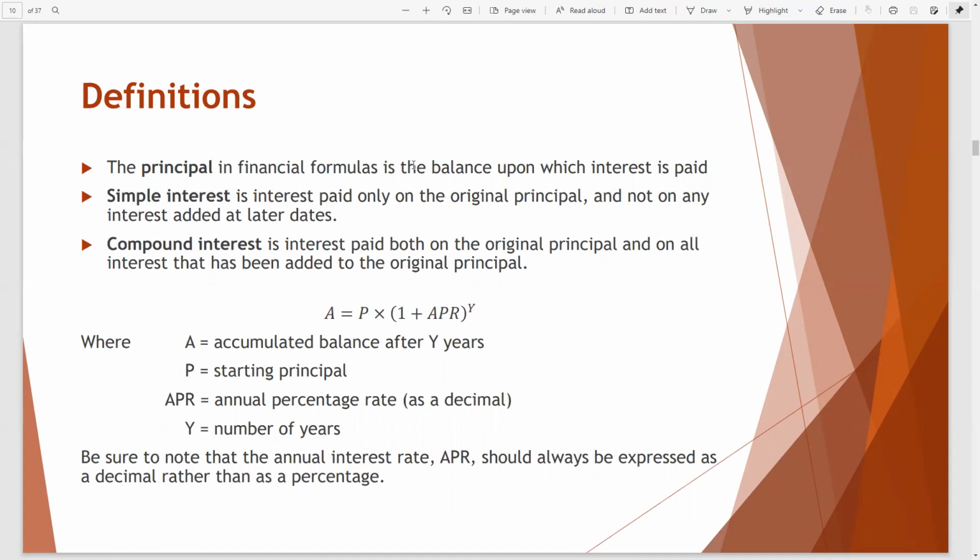In financial formulas, principal is the balance upon which interest is paid, which is the original money. Simple interest is interest paid only on the original principal and not on any interest added at a later date. So that is the simple interest.